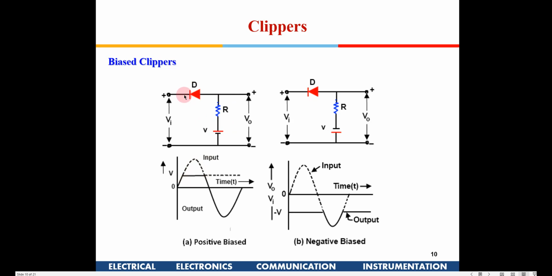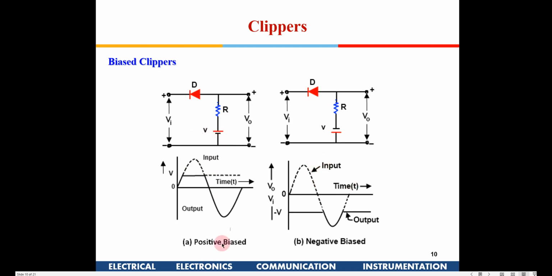Whereas when this voltage is below V, this diode is forward biased, and hence the output replicates the input signal. So whenever the input signal goes beyond plus V, this diode gets reverse biased, the input signal is isolated from the output, and it gets clipped at this voltage which we are applying here.